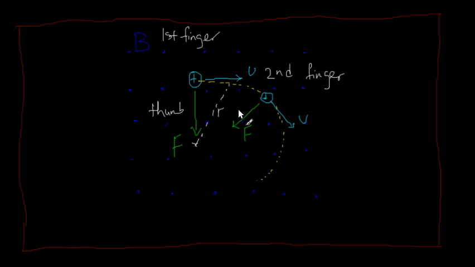So I need some example values for the object, the velocity, and the field. I'm going to take, as an example, a magnetic flux density of 1 Tesla.